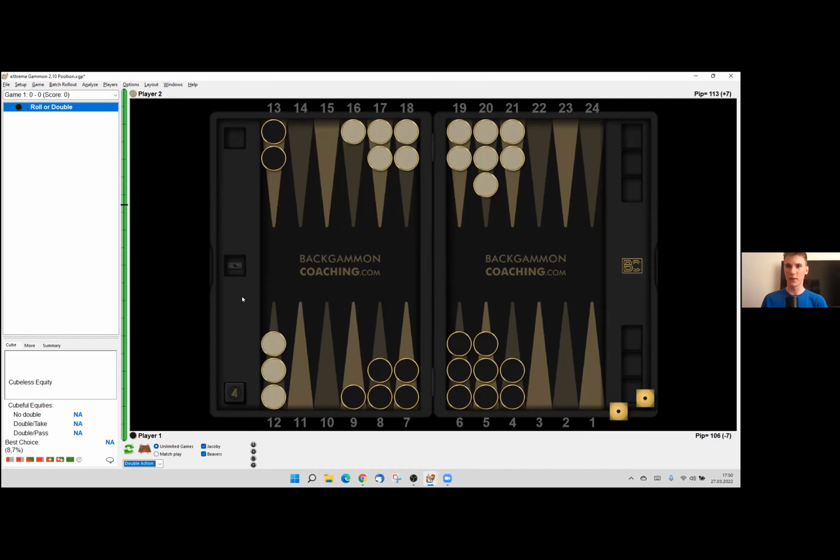If the cube at the beginning is in the middle, it means that both players have access to the cube, so both players can use the cube as a weapon. Let's say we would own the cube because the opponent doubled us earlier and we took. Now we are the only ones who can use the cube as a weapon. I don't want to use the word weapon, but now I cannot find another word.